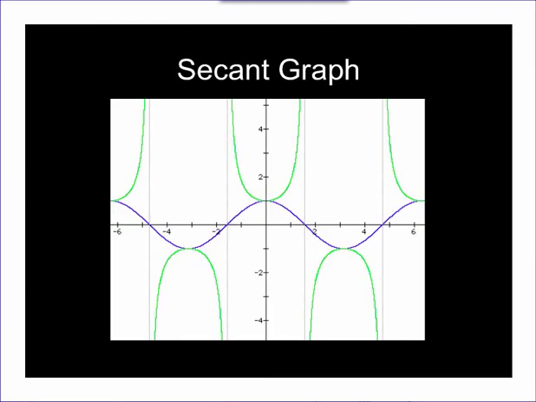And so now, here's your graph of secant. The graph of secant is actually what's in green. So really, this blue isn't part of the secant graph. If you look at the secant graph, what does it look like? U's and upside down U's.